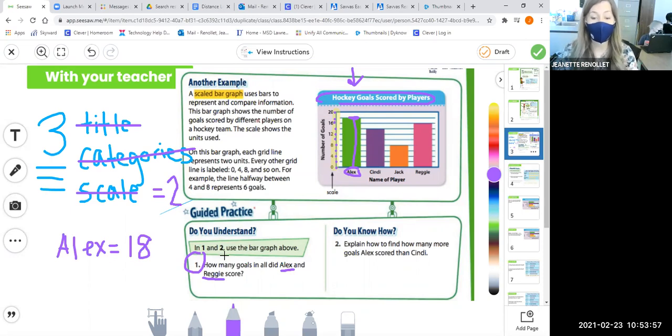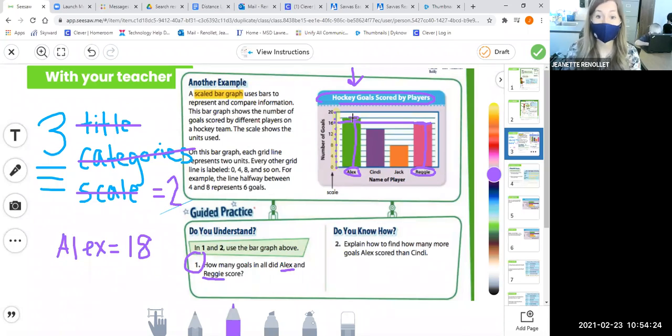Now we're going to look at Reggie. Alex scored 18. Let's see if we can determine how many hockey goals Reggie scored. I notice Reggie is shown in pink. Reggie's bar goes all the way up to here and stops. So let's take his line over and see where he lines up.